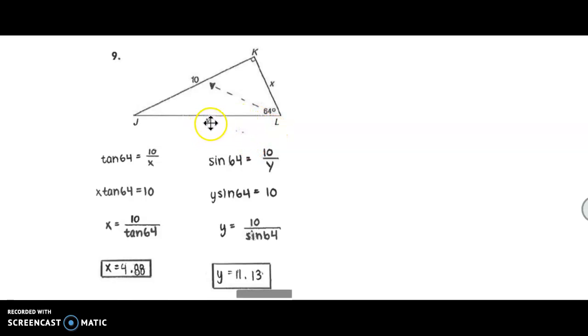For solving for y, okay? Notice y is the hypotenuse because it's across from the 90-degree angle, all right? And so the sine of 64 is opposite 10 over the hypotenuse, that's why we use sine, all right? Because it's opposite over hypotenuse.